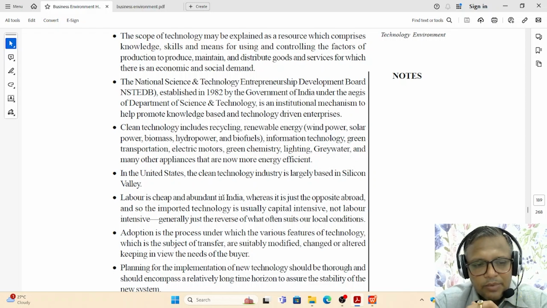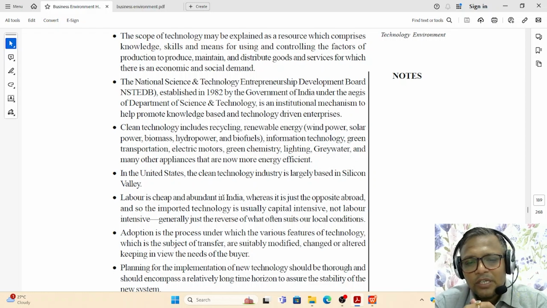Next, we need to summarize clean technology. Clean technology includes recycling, renewable energy such as wind power, solar, biomass, hydro, biofuels, etc. Information technology, green transportation, green motors, green chemistry, green lighting, and many other appliances which are now energy efficient.